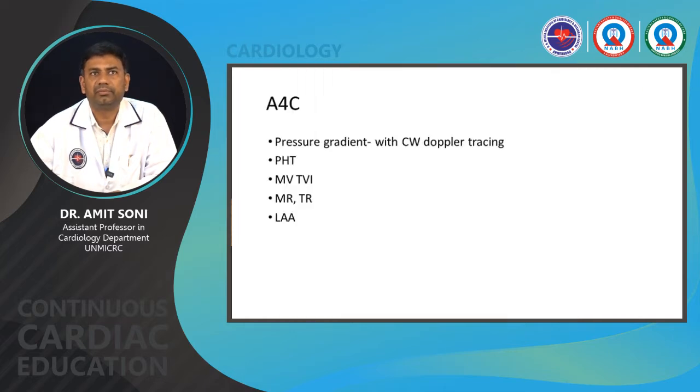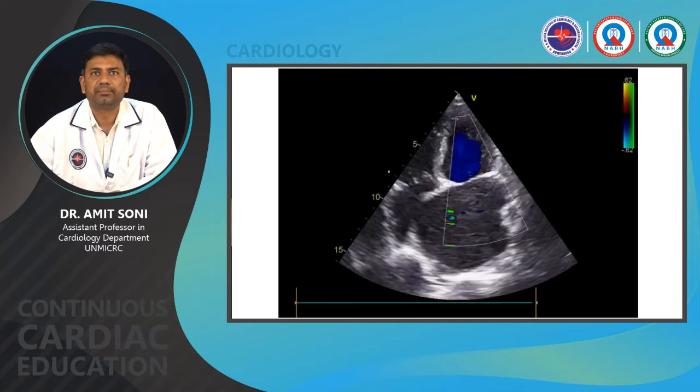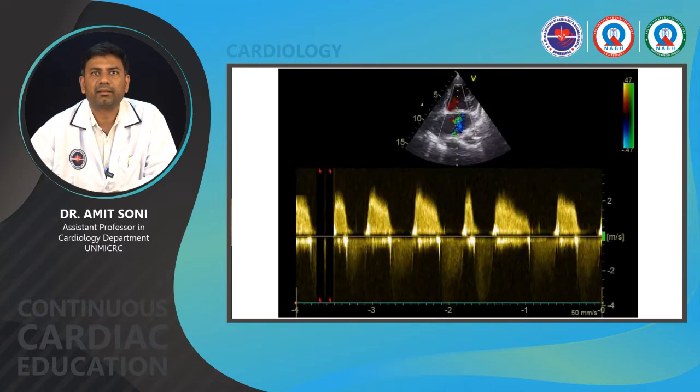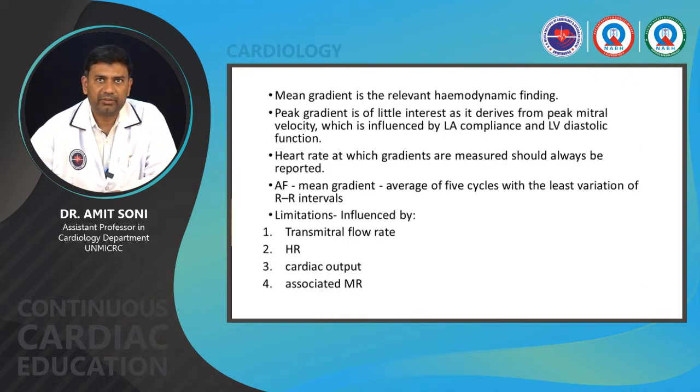Four chamber view is helpful in assessing the pressure gradient with a continuous wave Doppler tracing, pressure half time, mitral VTI, MR, TR and LAA. This is the four chamber view. Mean gradient is the relevant hemodynamic finding.